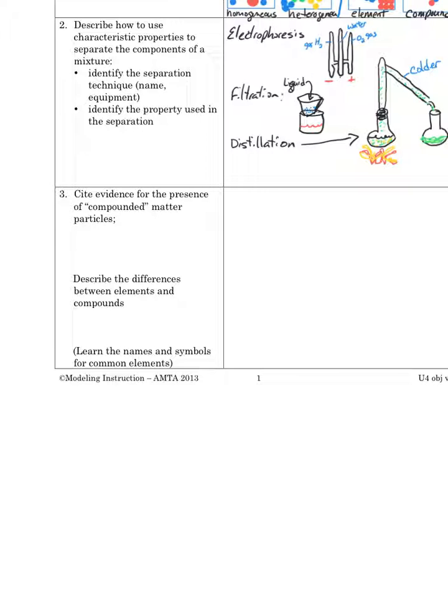Next question is, cite evidence for the presence of compounded matter.